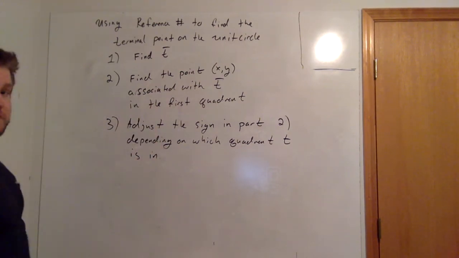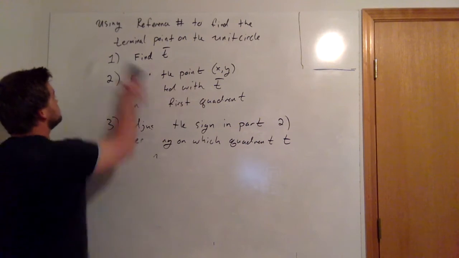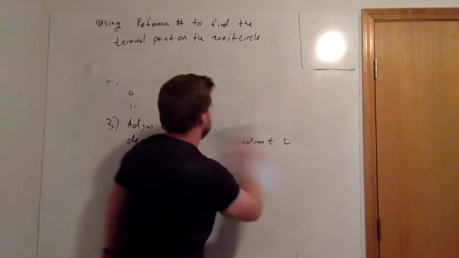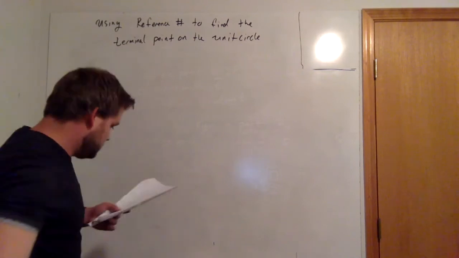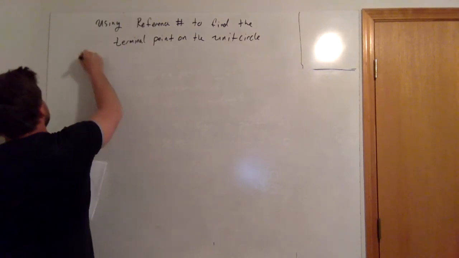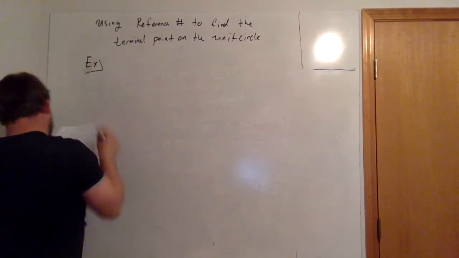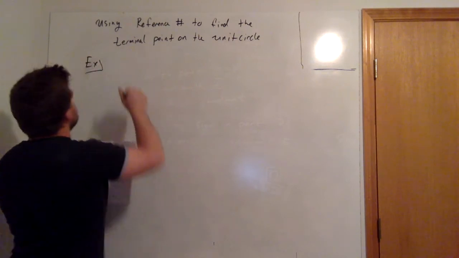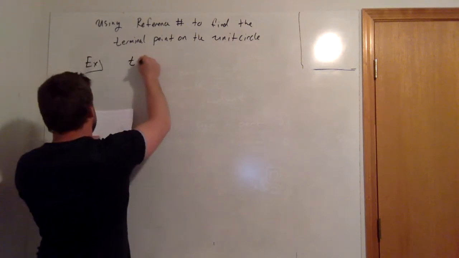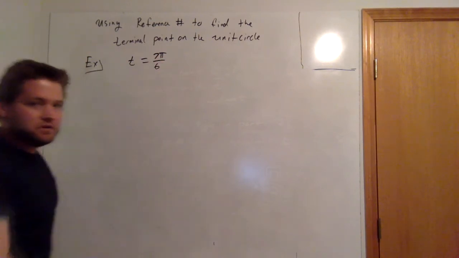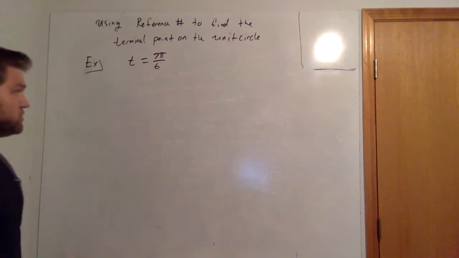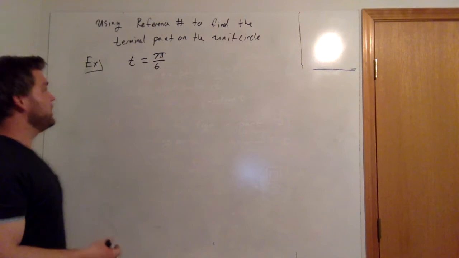Okay, so let's go ahead and do an example. Our first example: let's say I'm traveling a distance t of 7 pi over 6 along the unit circle. The first thing I'm going to do is draw the unit circle and figure out where we're located.